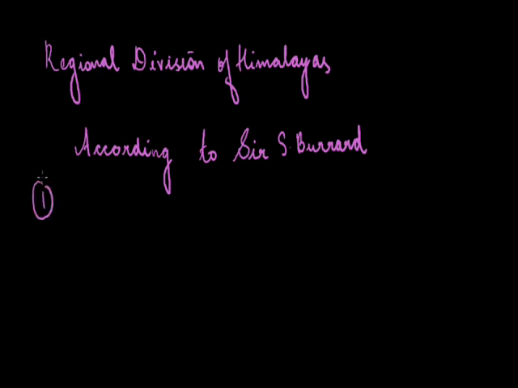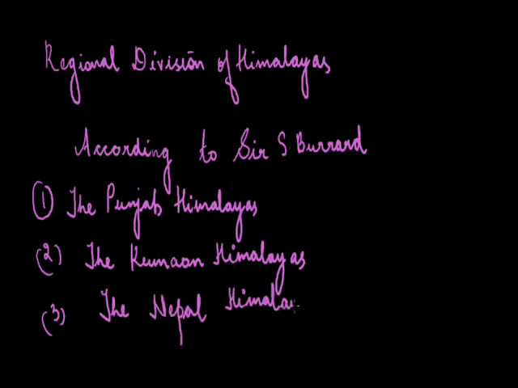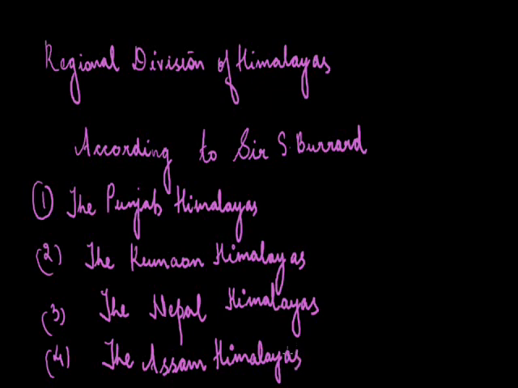First, the Punjab Himalayas. Second, the Kumaun Himalayas. Third, the Nepal Himalayas. And the fourth, the Assam Himalayas. Now coming to the Punjab Himalayas, this section lies between the river Indus and the Satluj.